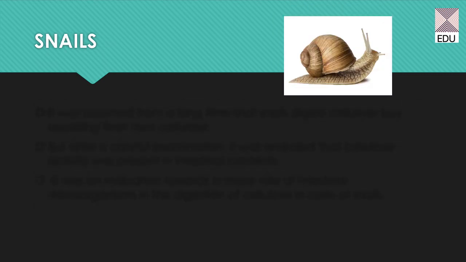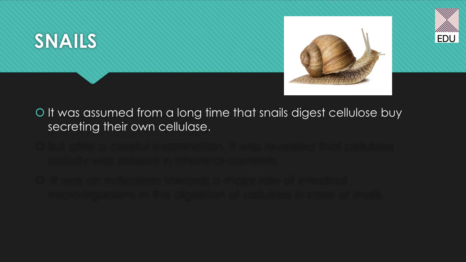Next we have some snails which are known for their cellulase enzyme for the cellulose digestion. It was assumed for a long time that snails digest cellulose by secreting their own cellulase. Scientists were of the view that snails can produce their own cellulase.